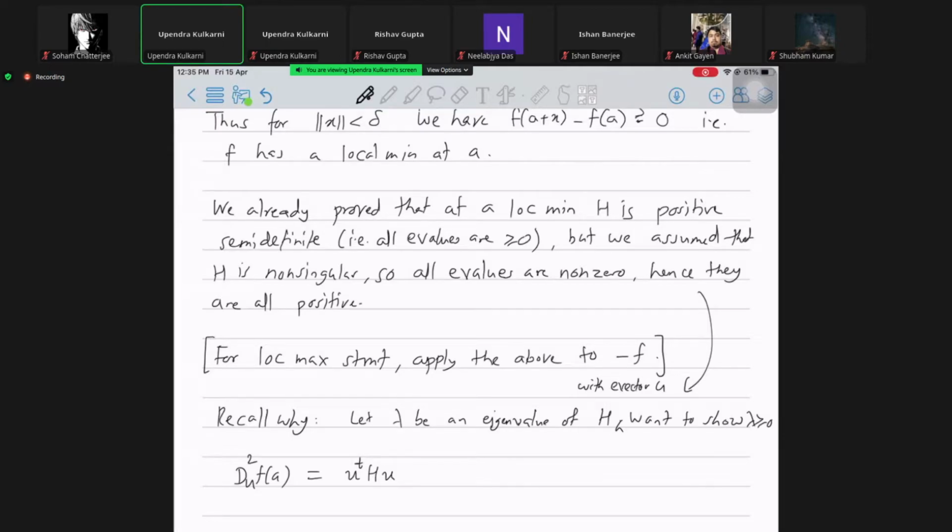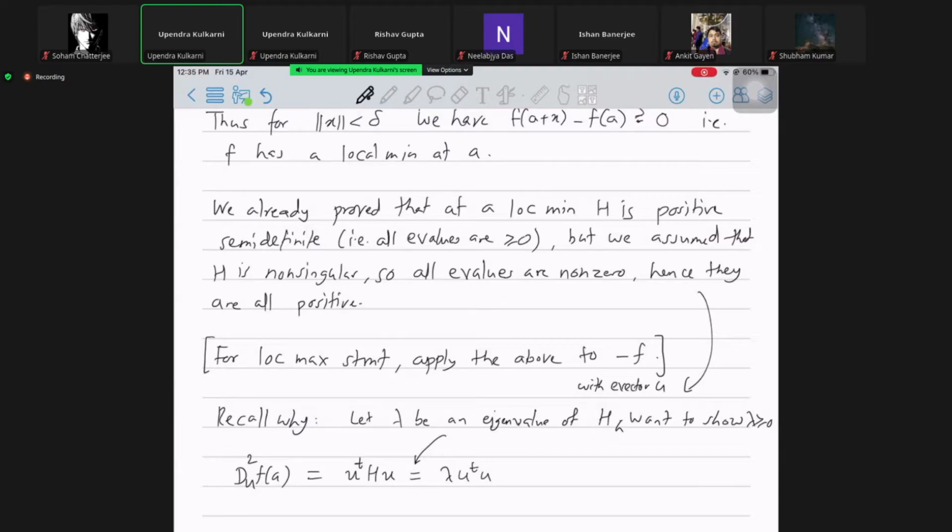Okay, but I have taken u to be an eigenvector with eigenvalue lambda. So what does this work out to be? Lambda u transpose u. So H times u becomes lambda times u. Lambda is a scalar, so it moves everywhere. So this is lambda times u transpose times u. U is an eigenvector, in particular it's non-zero, so u transpose times u is a positive quantity.